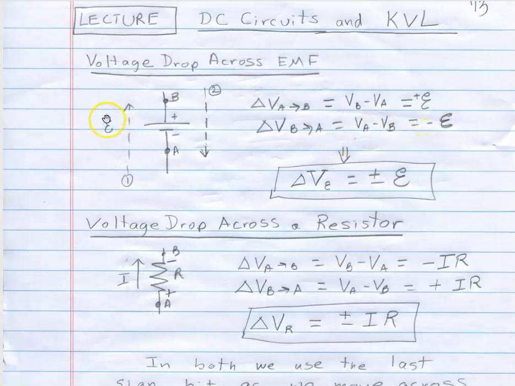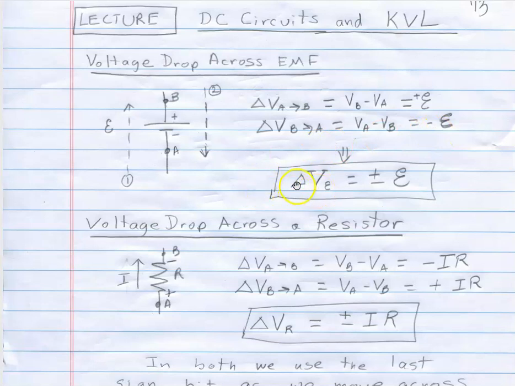And so again, I would just write down whatever the EMF was, and these typically would be volts, that would be specified there. And then as I move across it in the direction 2, the last sign I hit is negative, and that's the sign that I choose here.